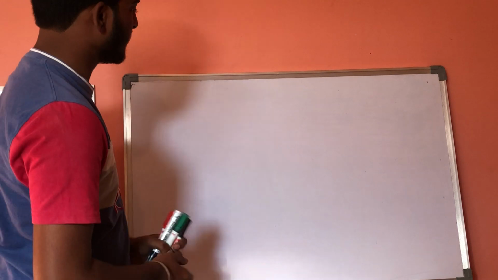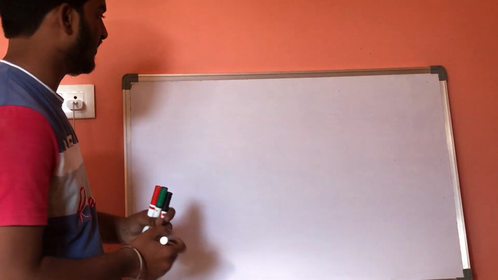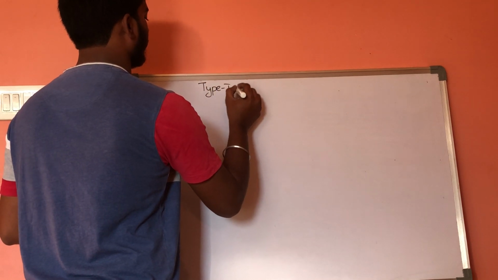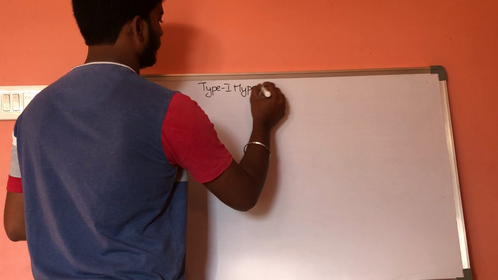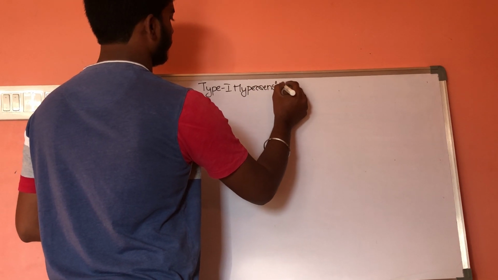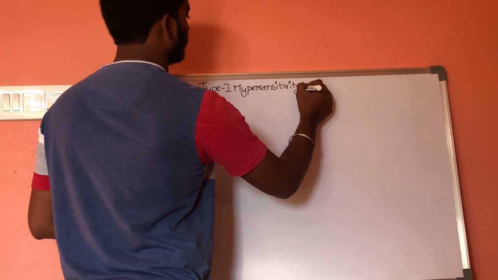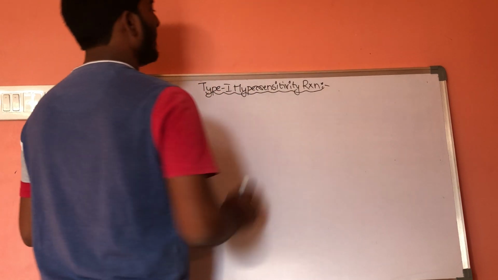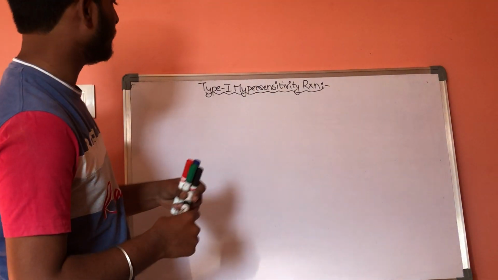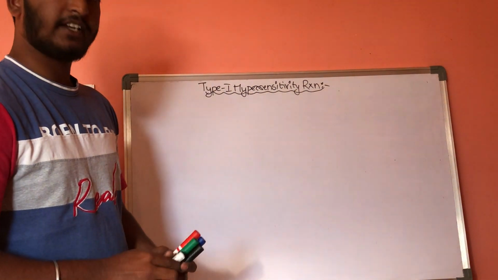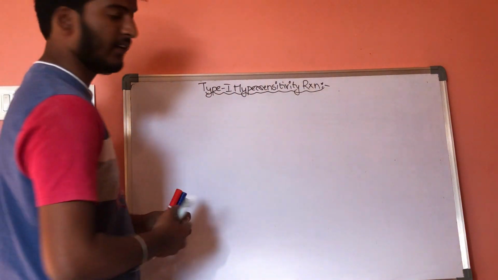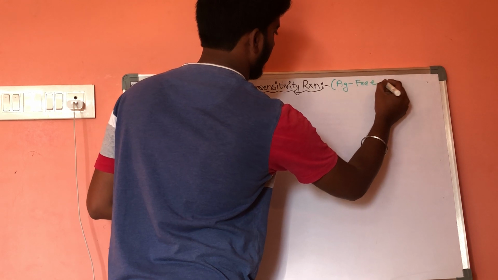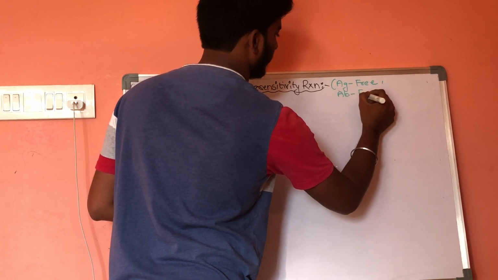Now, first let us discuss type 1 hypersensitivity reactions. In type 1 hypersensitivity reactions, the antigen is free and antibodies are fixed.